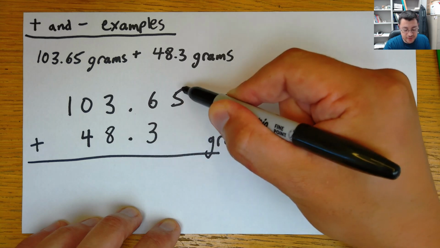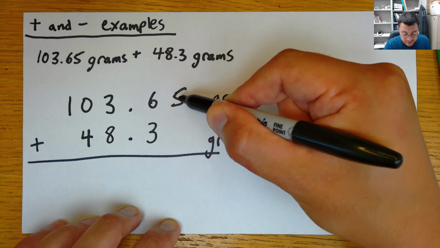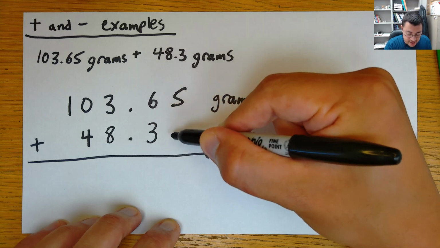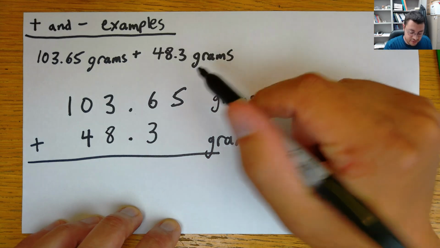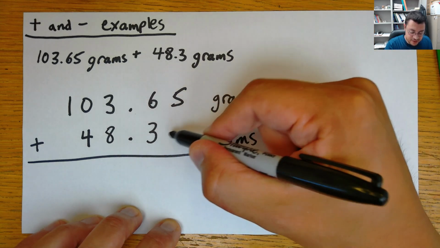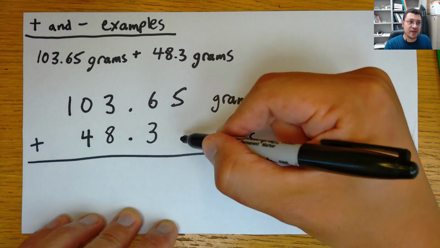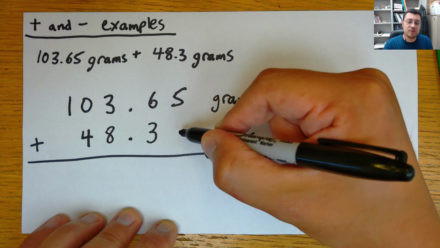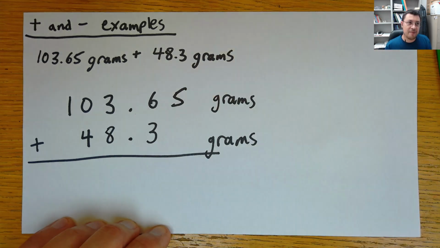We have precision information in the hundredths place, whereas the second measurement does not. What this means is if we add these two together, because we don't have any idea what's really here, we're going to lose our precision in the second spot.